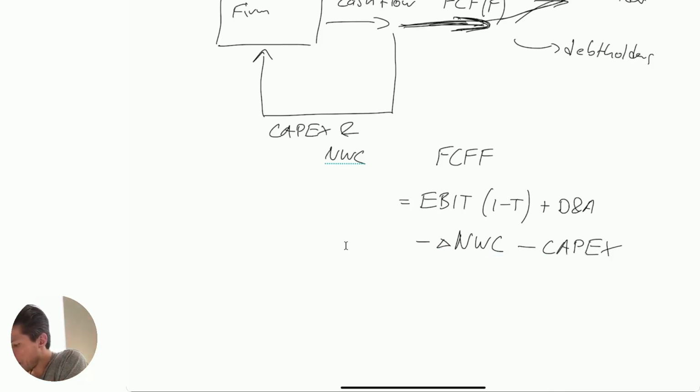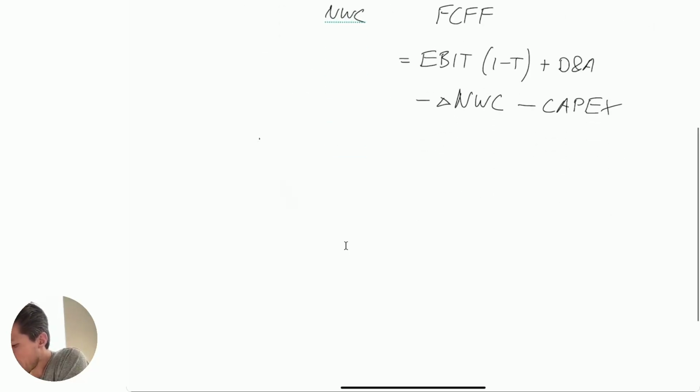Our first item is EBIT. EBIT we find in the income statement.